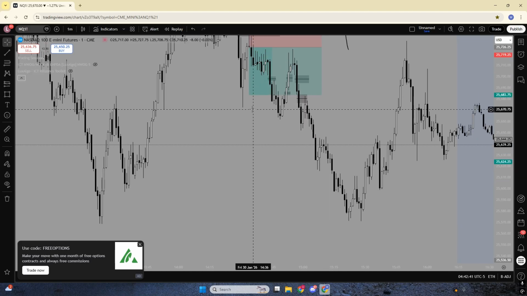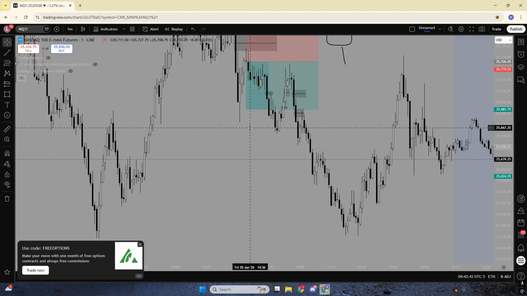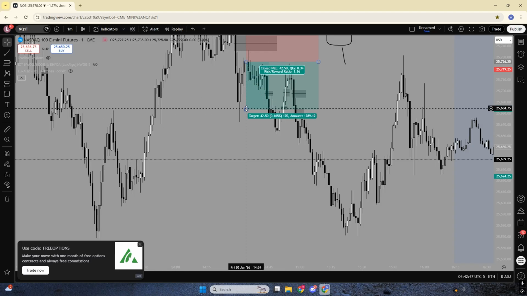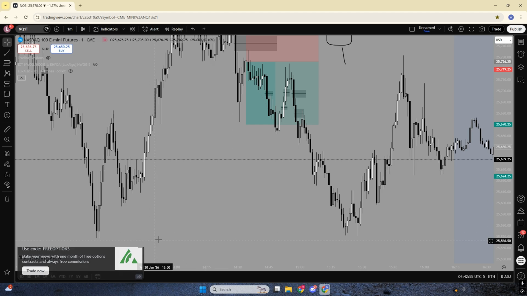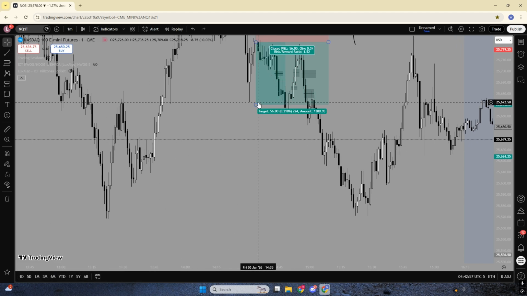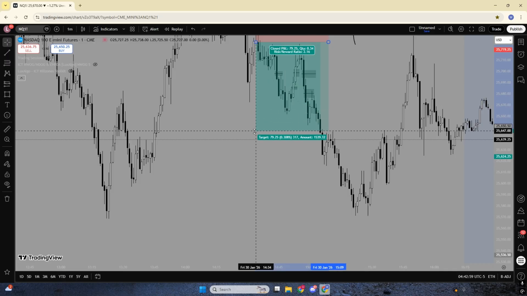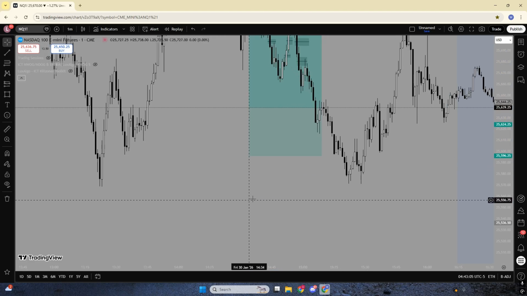We got relative equal lows here, which price is automatically drawn to because there's probably a lot of resting orders down here. You can't completely tell with candles, but you can tell with the order book, with order flow and the book map and stuff. But that is in a later video when we get into more advanced stuff, right?